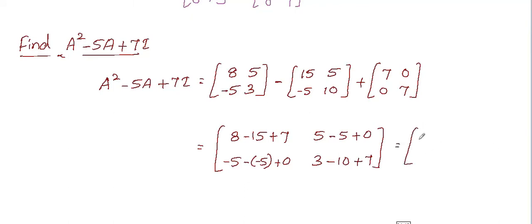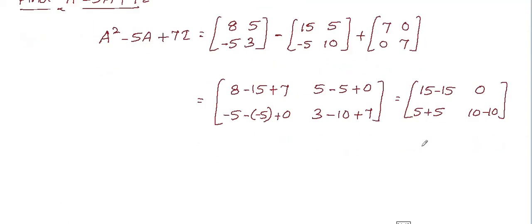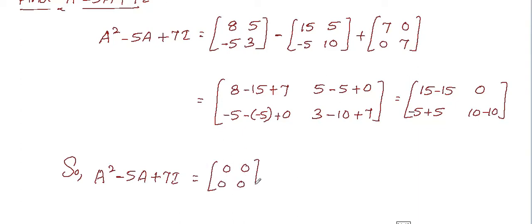If you simplify this, we'll get 8 plus 7 is 15, so 15 minus 15, and then 5 minus 5 becomes 0, and next we have -5 plus 5, and then 3 plus 7 is 10, so 10 minus 10. So A square minus 5A plus 7I is equal to 0, 0, 0, and 10 minus 10 is also 0.